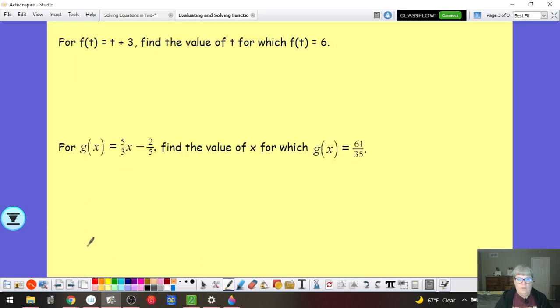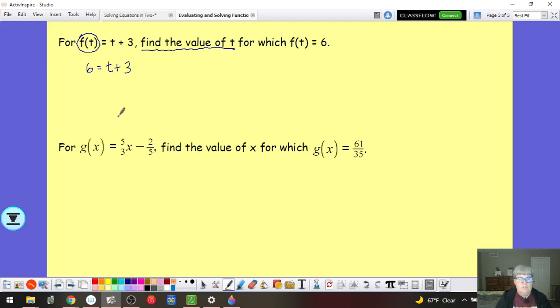When we take a look at what we have next, we're given our function f of t equals t plus 3. Find the value of t for which f of t equals 6. So we're not going to plug in for t this time. So the function notation equals 6. That means we're going to replace the function notation with what it equals. The function notation equals 6, and that equals t plus 3.